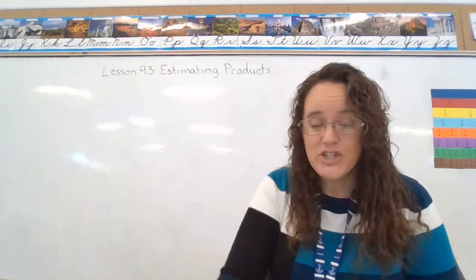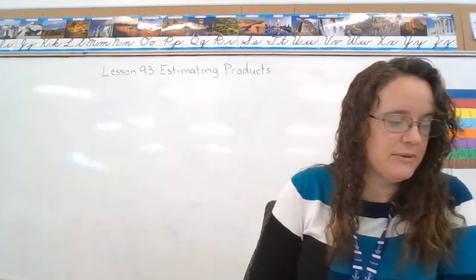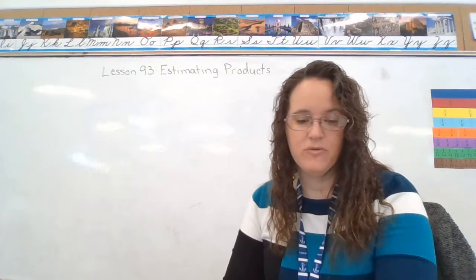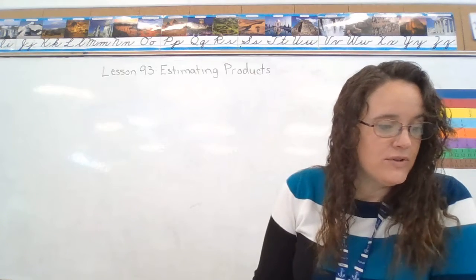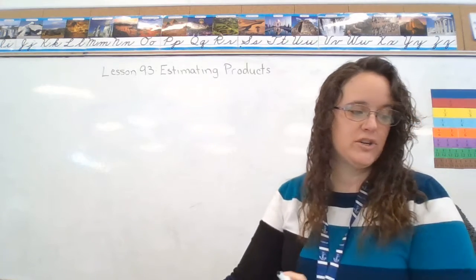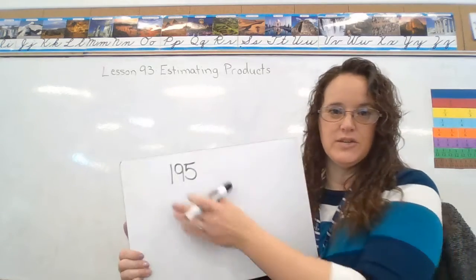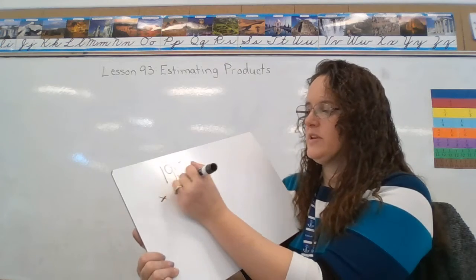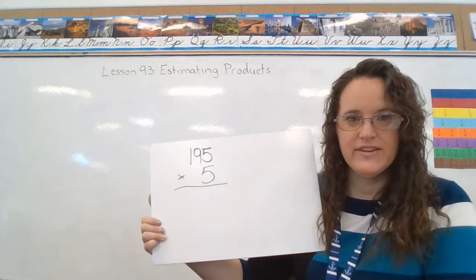All right, we're down to just one more example, and then I'll have some lesson practice problems for you. Jamal counted 195 words on one page. About how many words would Jamal read on 5 pages? So he counted 195 words on one page, so we want to know approximately how many words there might be on 5.